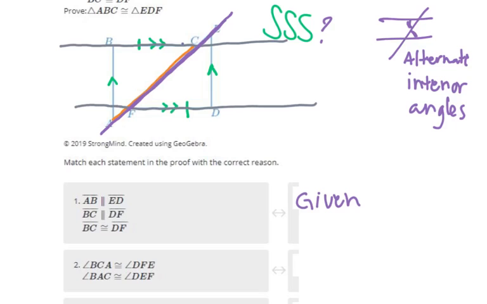So it's saying that this angle right here is the same as that angle. I'll put one tick mark in it. And then it says that BAC, this angle, is the same as DEF. So DEF is that angle. And that would be because of these parallel lines also cut by the purple transversal. So the reason both of those are true is because of AIA, alternate interior angles.